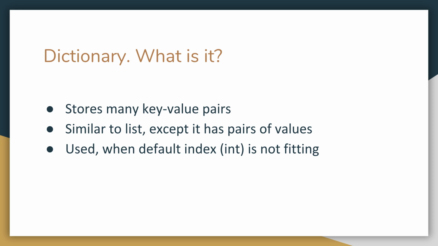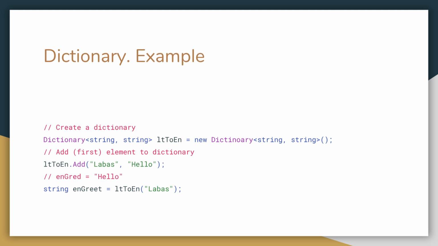For example, if I have a translations dictionary, I can bind two languages, and basically a word from one language will be a key and a word from another language will be a value. So in this example, we created a dictionary which translates words from Lithuanian to English.